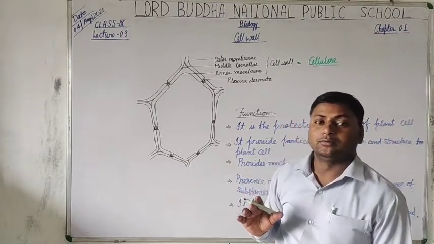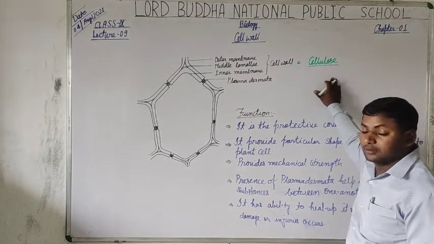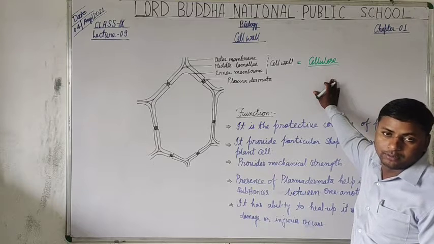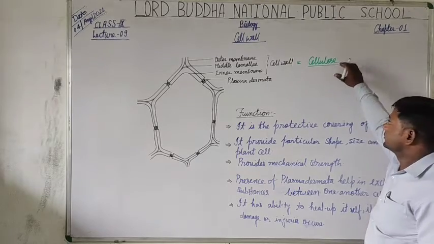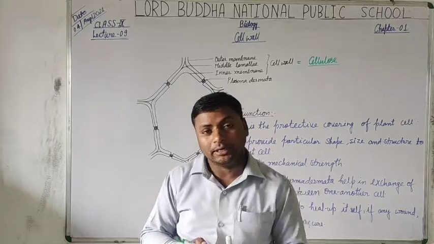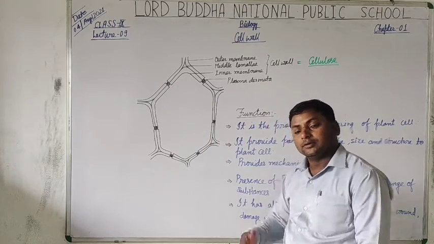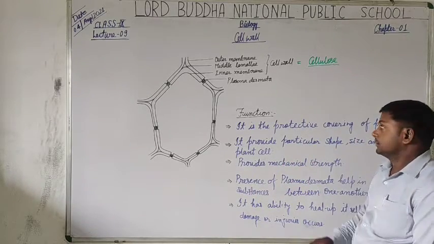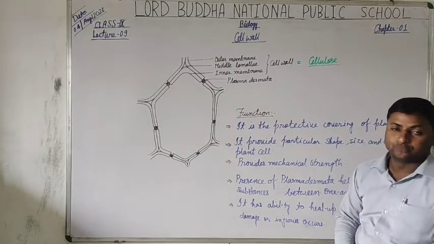It is a kind of polysaccharide, and you can also call it a complex form of carbohydrate. It is hydrophilic in nature and cannot dissolve, and water cannot change its shape, size or position.